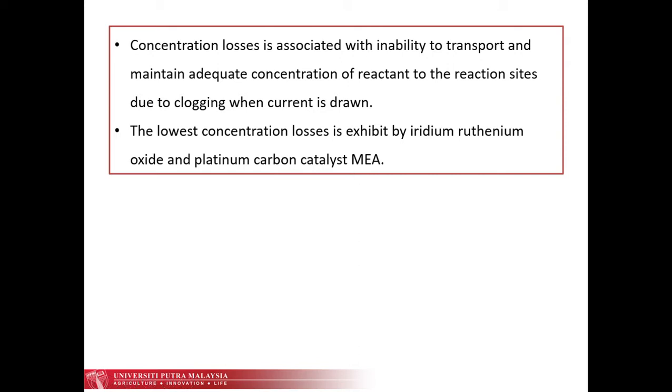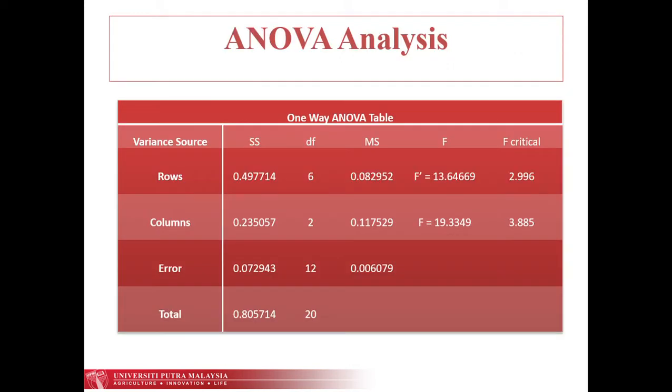So overall, the lowest activation, impedance and concentration loss is exhibited by the iridium platinum oxide and platinum carbon catalyst MEA. So it is assumed that the highest overall performance is yielded by this MEA.